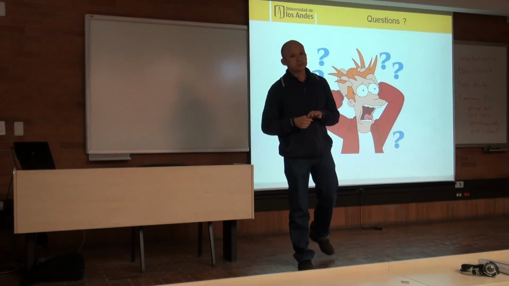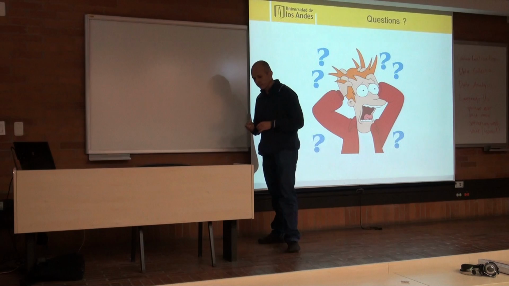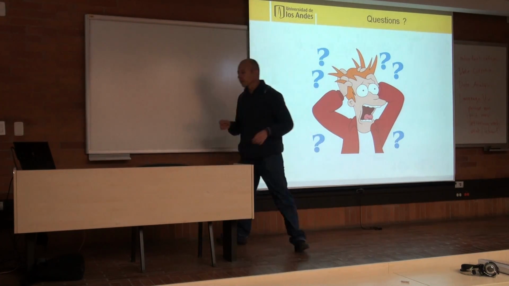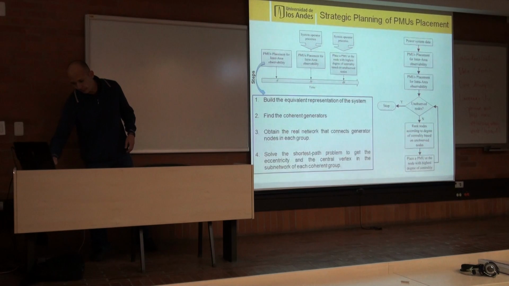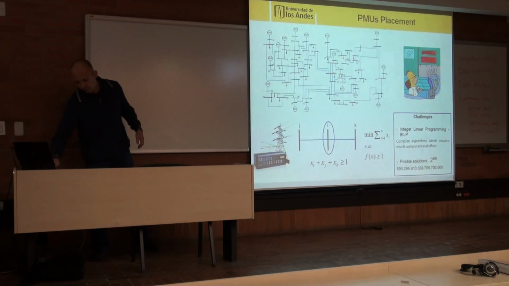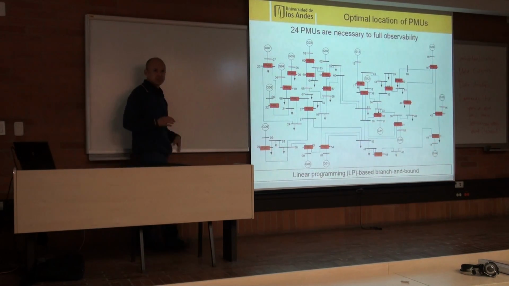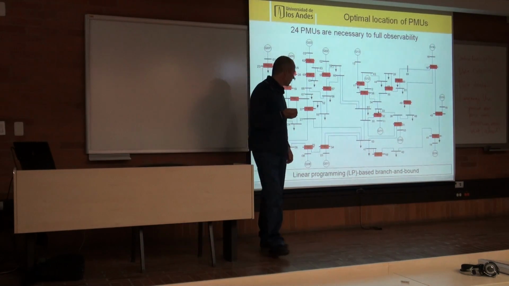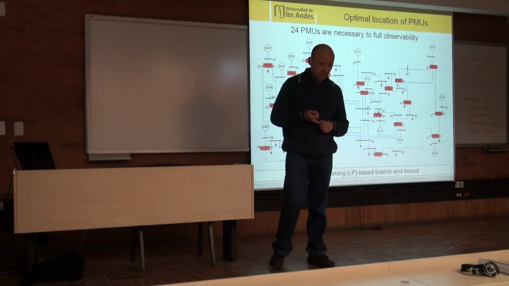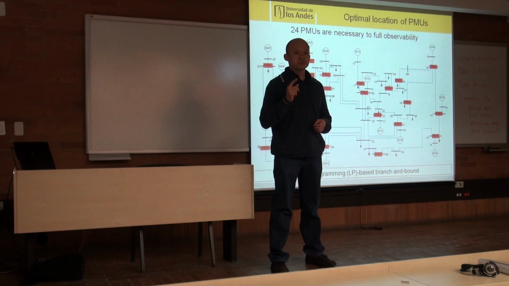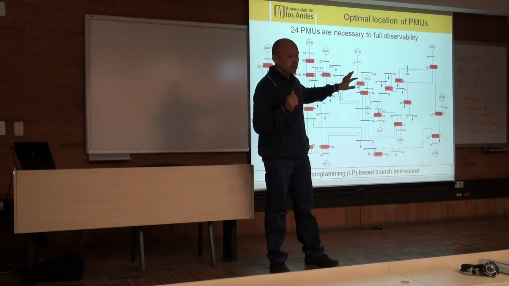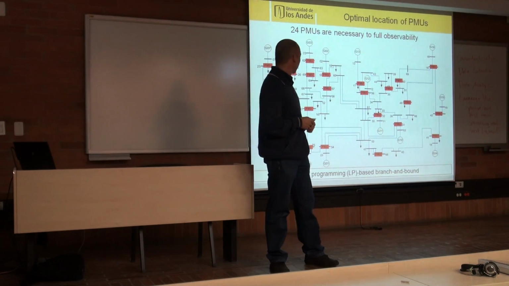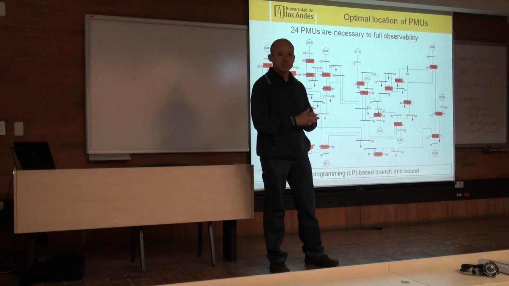But what's the advantage of placing more PMUs? See, this is the optimal solution for that system. The question is, initially, what is the first PMU that I have to put in the system? I don't know. Second, if I want to monitor all the system, I have to place all the PMUs in the system.